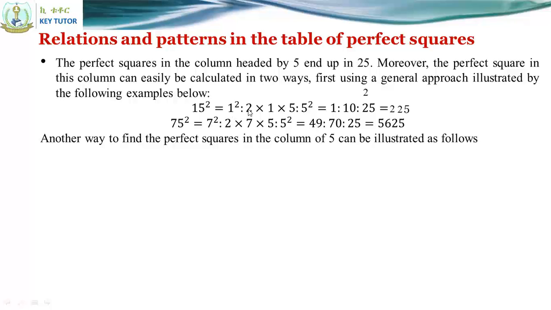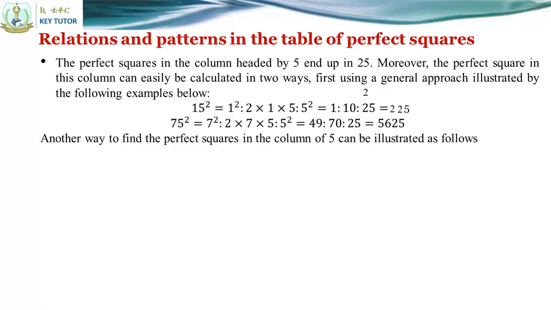Now take twice the tens digit times the units digit. Twice the tens digit, which is 1, times the units digit. Lastly, you take the unit digit square.